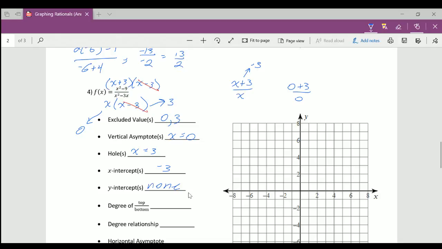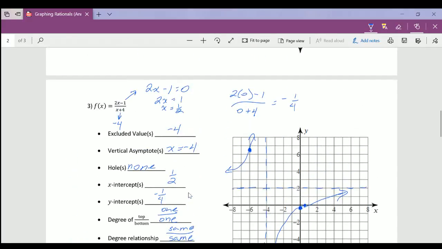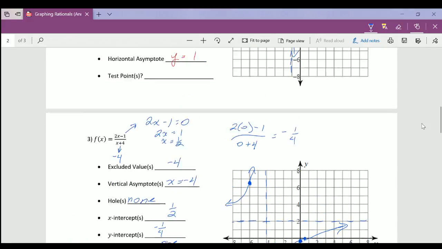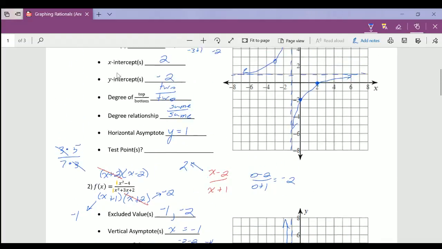Correct. Well, positive and negative. They have to be the same sign. Like in this case here, they were both x minus 3s. They're both minus 3s. This one over here, nothing canceled out. This one up here, it was x plus 2s that canceled out. So plus 2, that's the same.